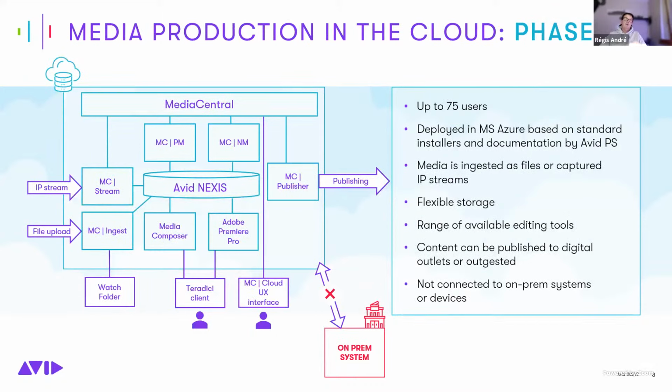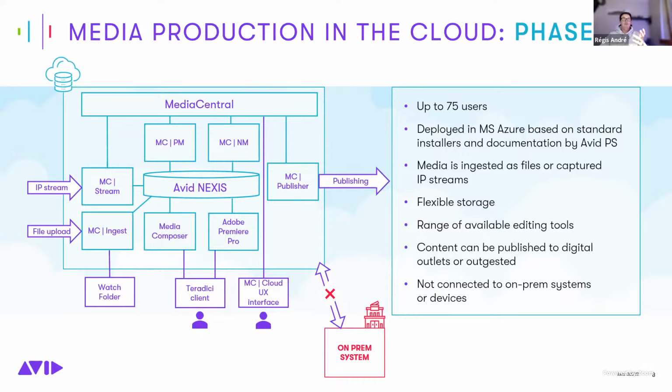What you're going to see on this slide is a diagram of the supported solution in phase one. We have several customers already leveraging this in production today, taking media production to the cloud. One thing you want to notice is that at the heart of the solution is a Nexus file system running on Azure storage, preserving the workflow and capabilities that you are so used to, but in the cloud.